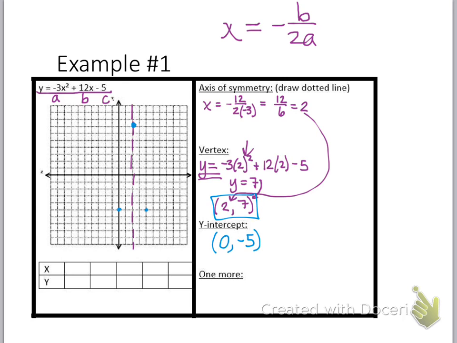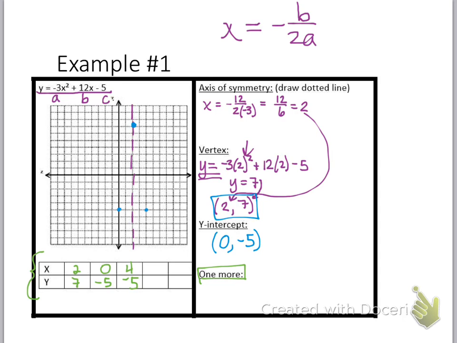Now, as we're going through this, you should fill in the points that you found in the table that I've created for you. So we've got (2, 7), (0, negative 5). The point that I just put on there is (4, negative 5). And now I need to find one more. What does that mean?